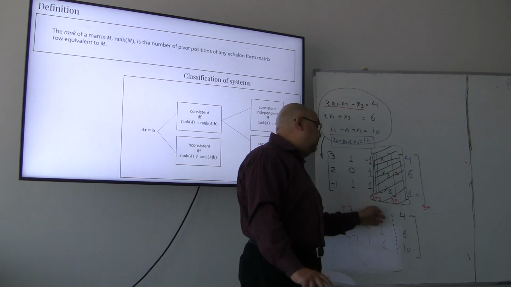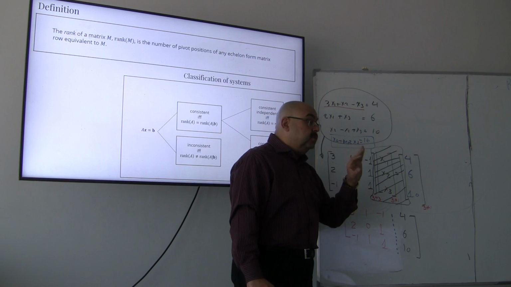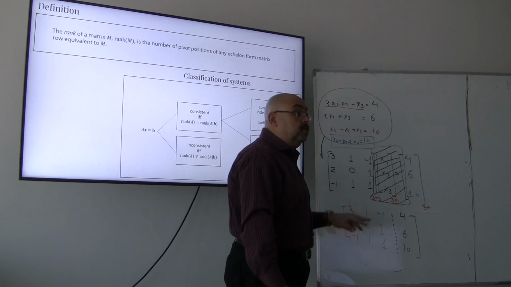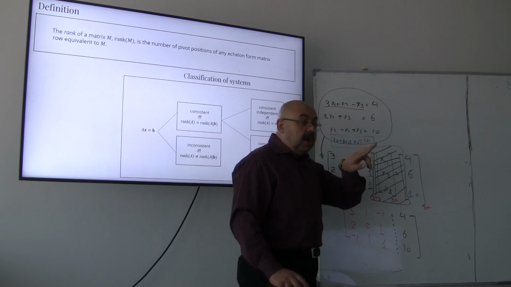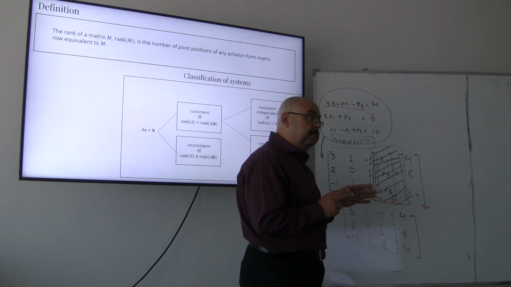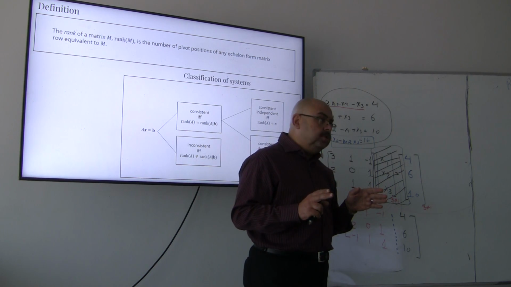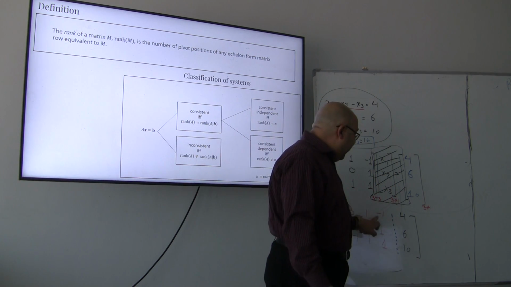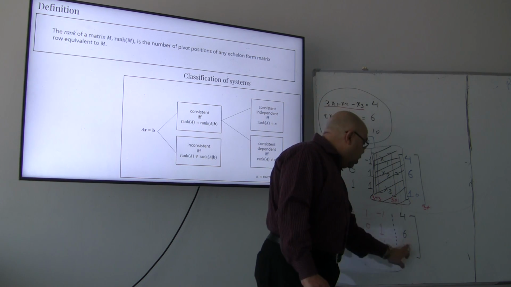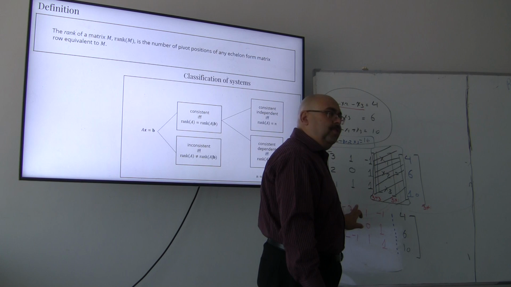While you have how many variables? 3 of them. So the rank is less than the number of variables. In such a case, you are in between 2 things: either an infinite number of solutions or no solution. It will be no solution if the rank of the coefficient matrix is 2 and the rank of the augmented matrix is not equal to 2.